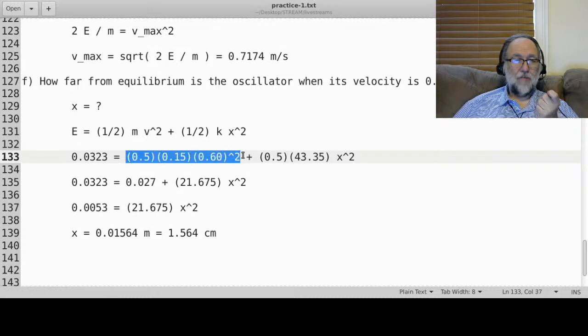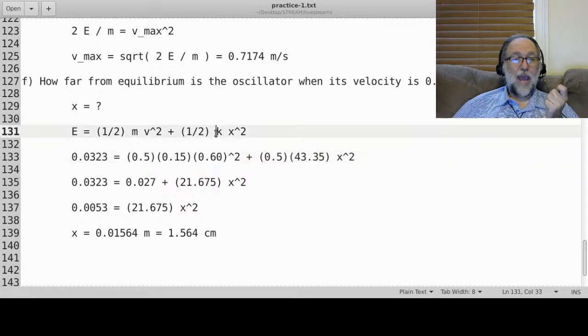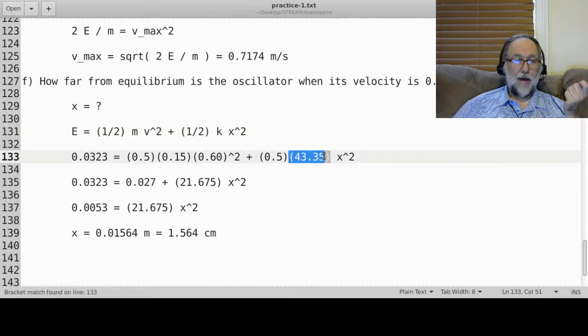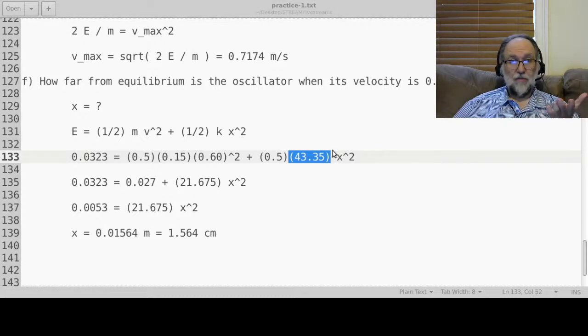So 1/2 mv squared. And now what about the potential energy? Well, there's the half. We know k because we calculated that above, and that was 43.35. We don't know x. That's what we're solving for. And so the rest is just simplification. There's the energy still on the left-hand side and then a simplified right-hand side.